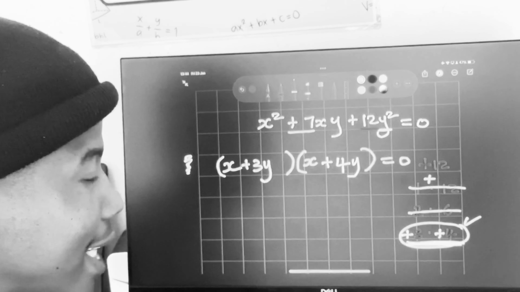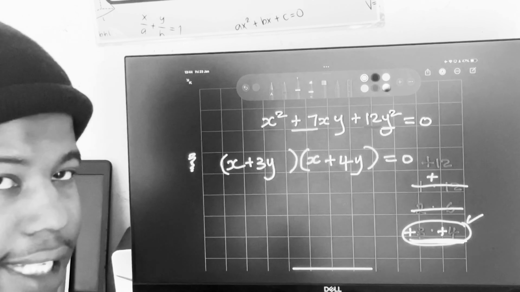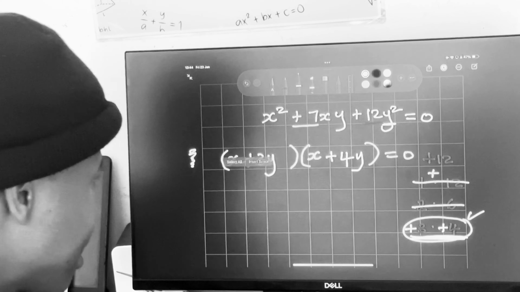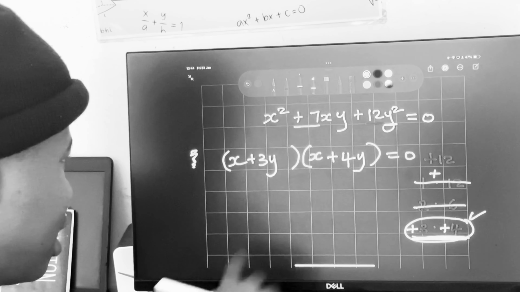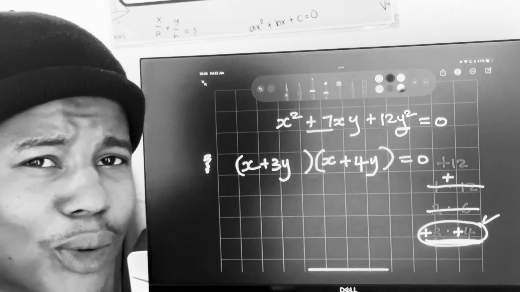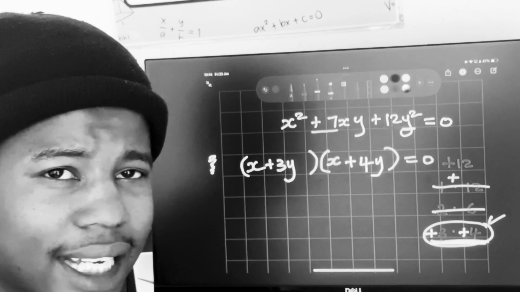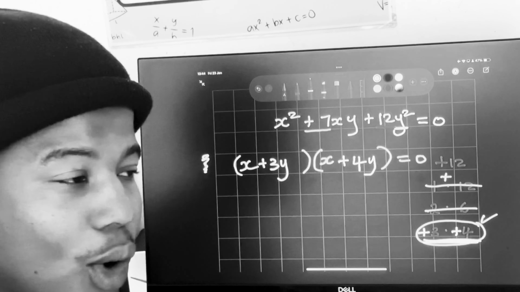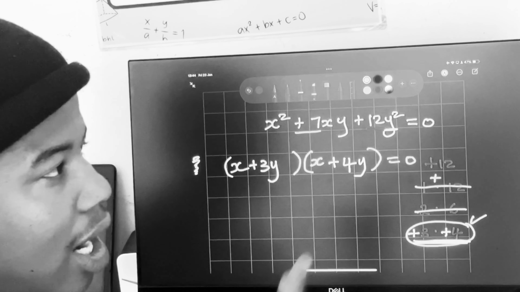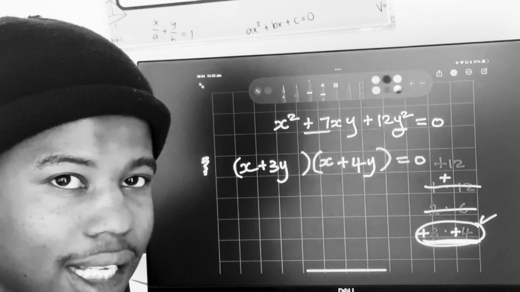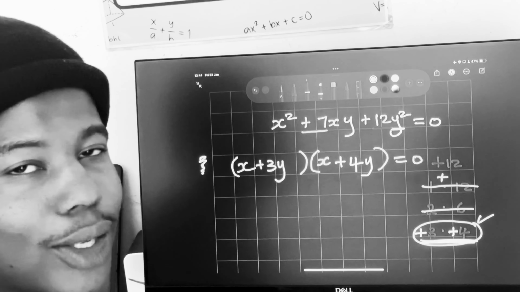Now we are almost at the end, ladies and gentlemen, because I'm seeing a certain interesting property here. When I have brackets multiplying together, so this bracket is multiplying with this bracket and the answer is 0, we can make each bracket equal to 0. It's the zero product property. When you are multiplying, no matter how many factors, if the product is 0, each factor can be equal to 0.